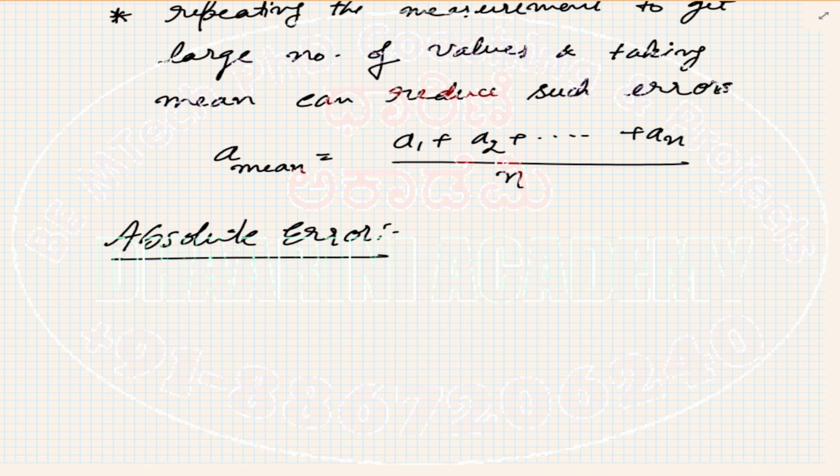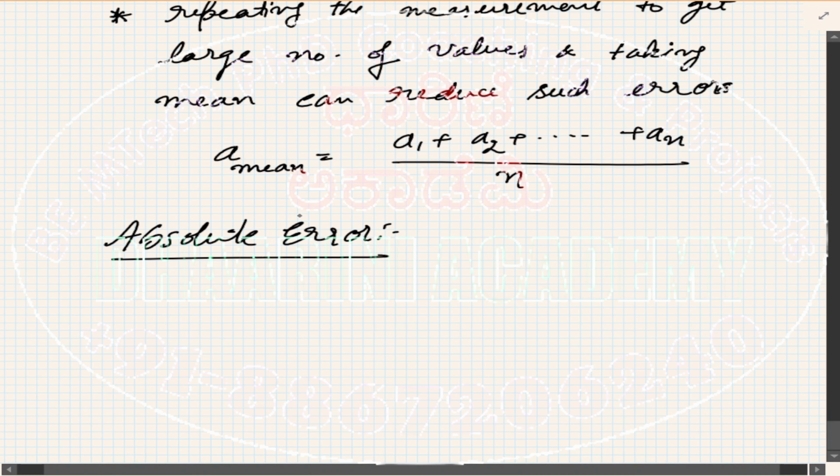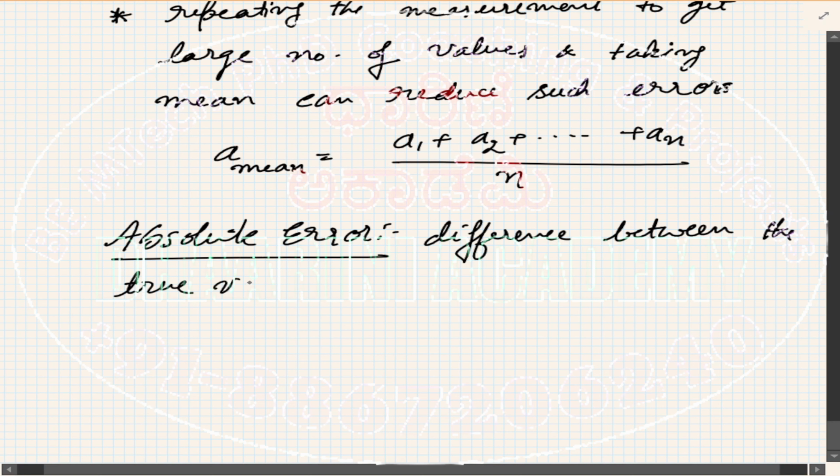If there is a difference, that difference is what is called absolute error. This is nothing but the difference between the true value and the measured value.